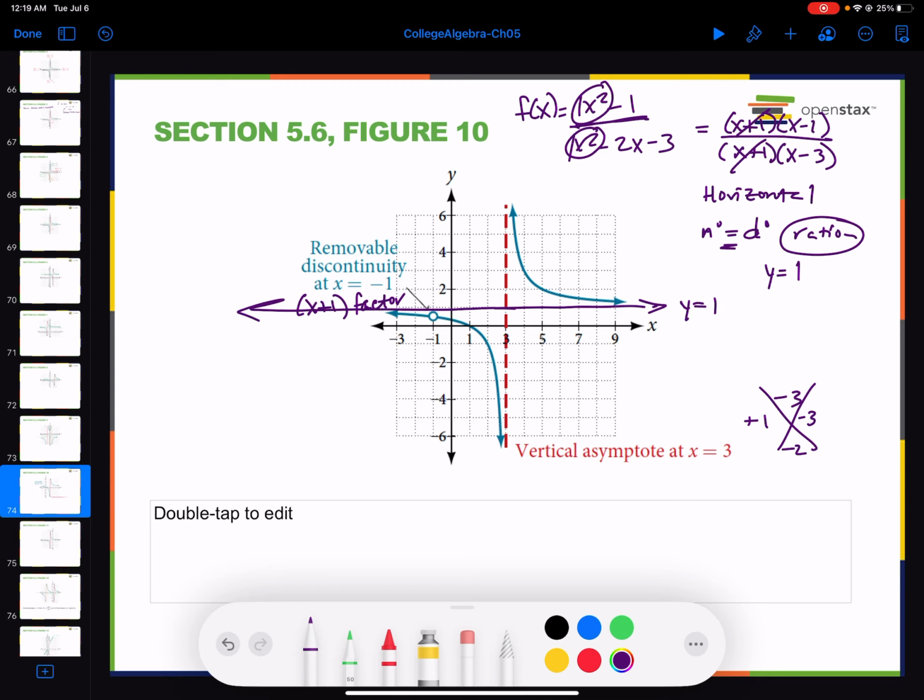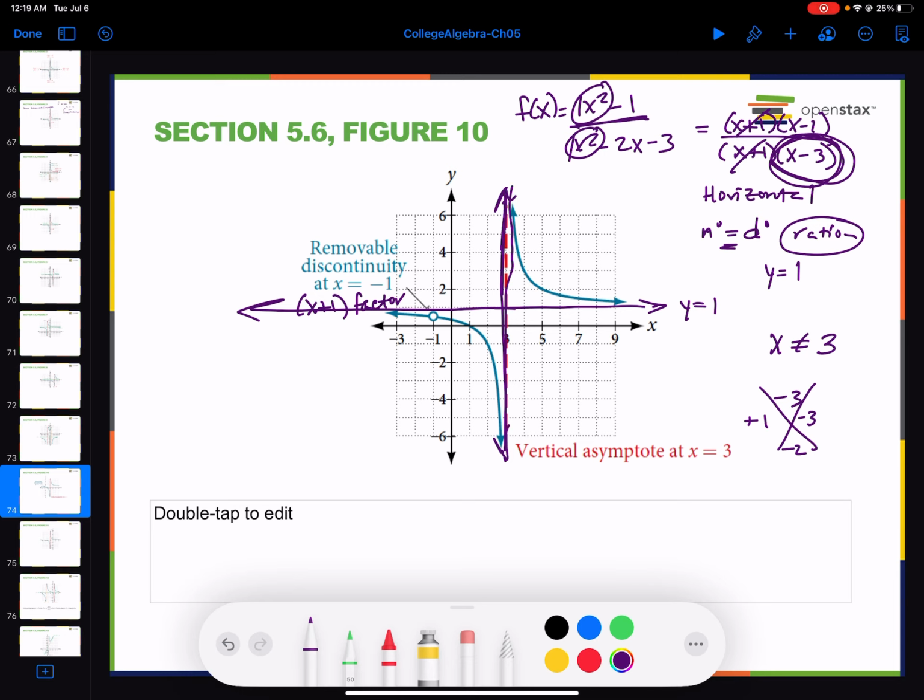And our vertical asymptote, when we factor and reduce, we end up with the denominator of x minus 3. So we don't want x to equal 3, which means our vertical asymptote is at x equals 3. You can see that there.